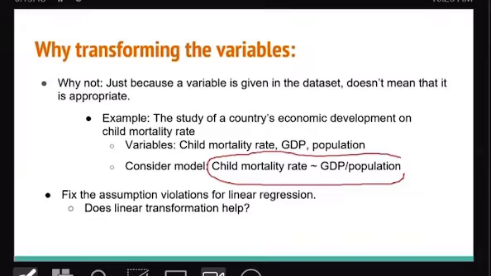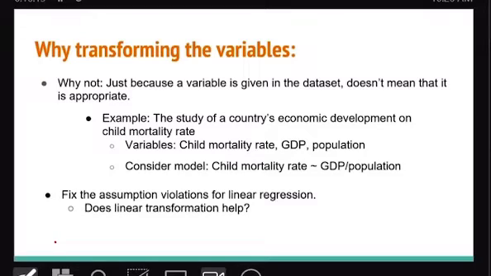Okay, now another major reason why we transform our variable. Let me tell you something. I told you there are two reasons. The first reason is to put the variable in a unique form. Another one is to fix assumption violations. This is a major one. When assumptions are violated in a linear regression, how do we fix that?